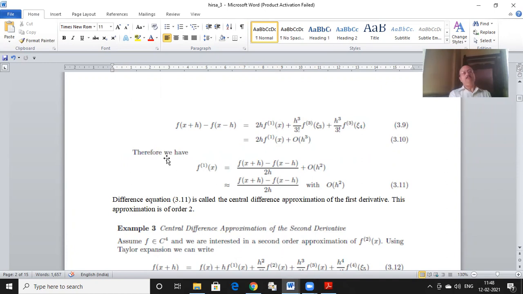If I now use 3.10 for the approximation of the first derivative, then it is called the central difference approximation. The central difference approximation is just this difference divided by 2h, and of course the error will be less. It is now of order h square because I am using the second derivative term also. So it's a better approximation.